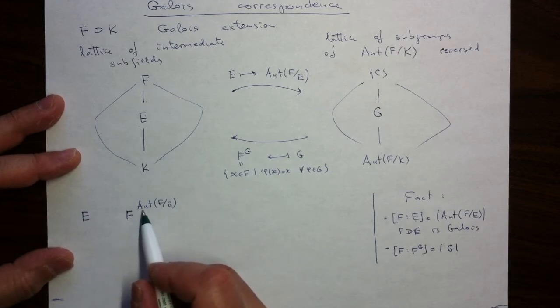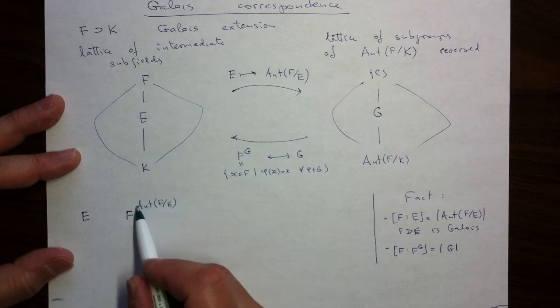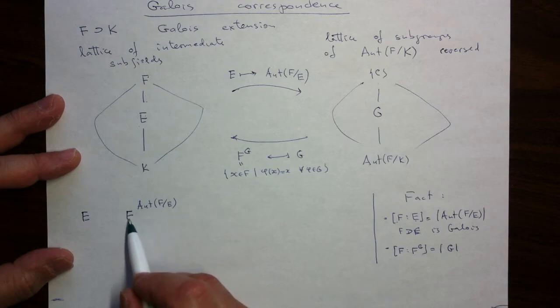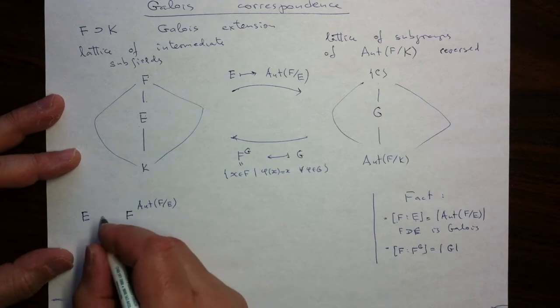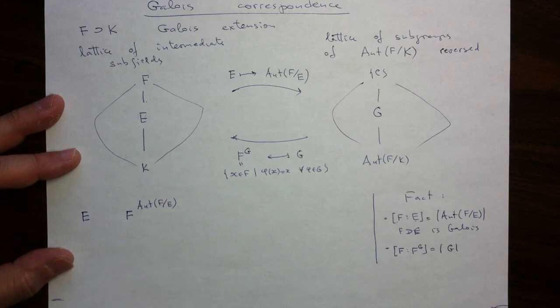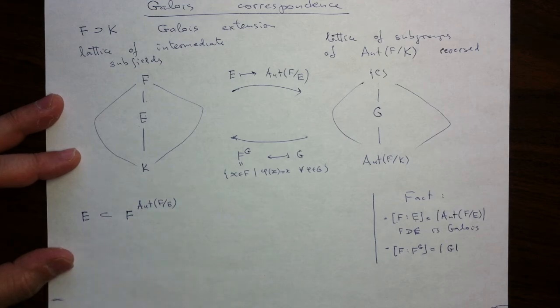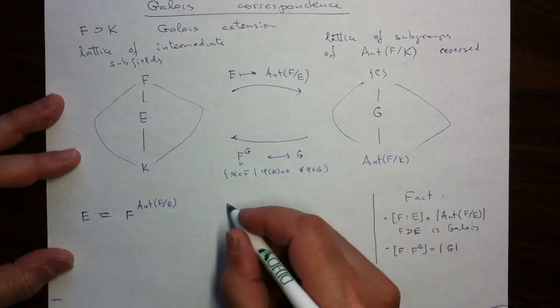By the definition, the elements in the subgroup fix pointwise the elements of the subfield E. So the field of invariance will definitely contain the subfield E. The containment is obvious from the construction. But I'm arguing that they are actually the same. So let's see really what happens.